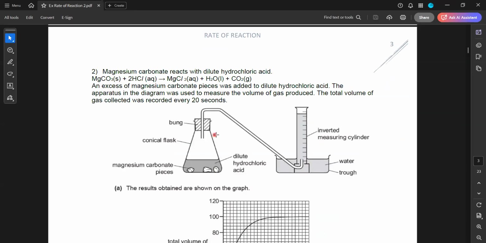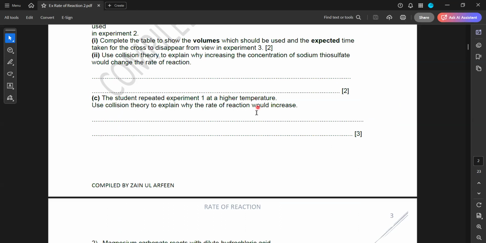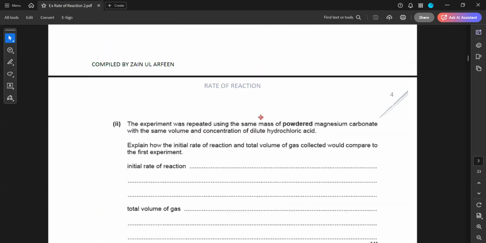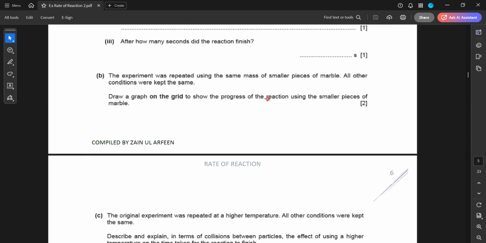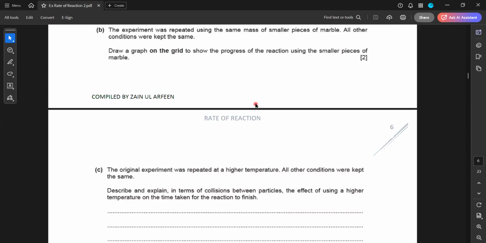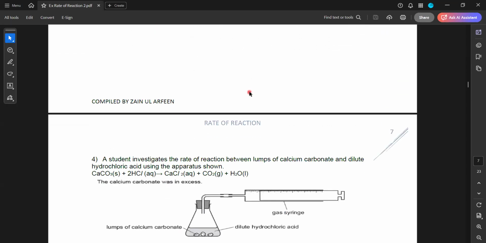Sometimes they give thiosulfate and hydrochloric acid, with the time taken for a cross to disappear. But most of the time it is about acid reacting with marble chips and giving off a gas, and we collect the volume of the gas.